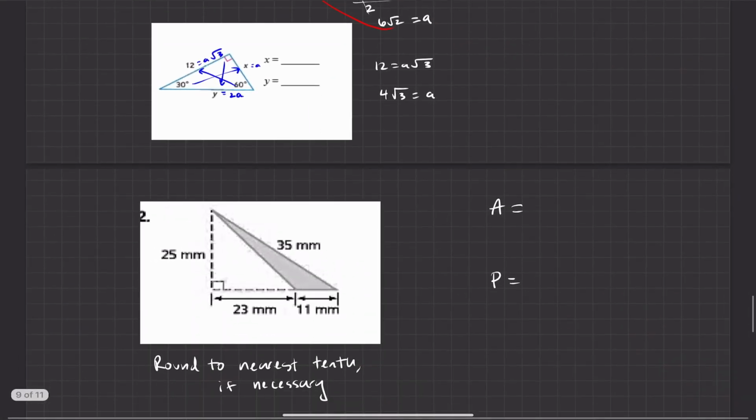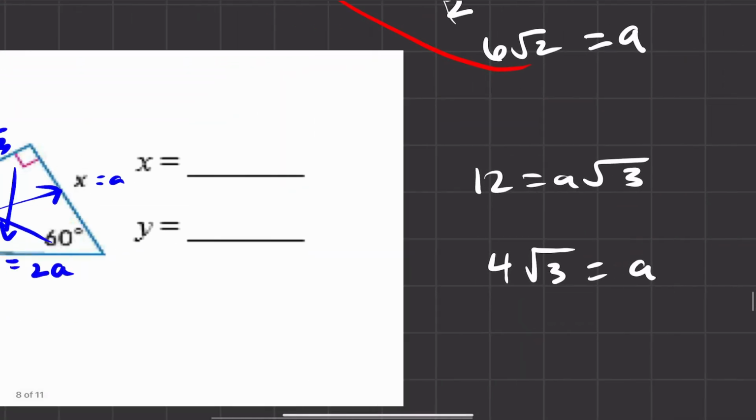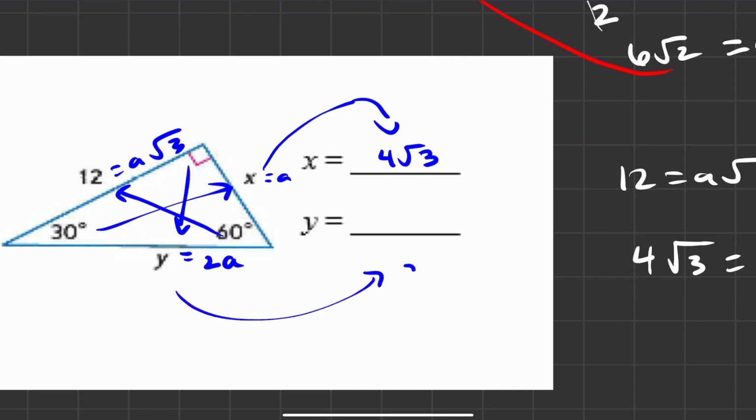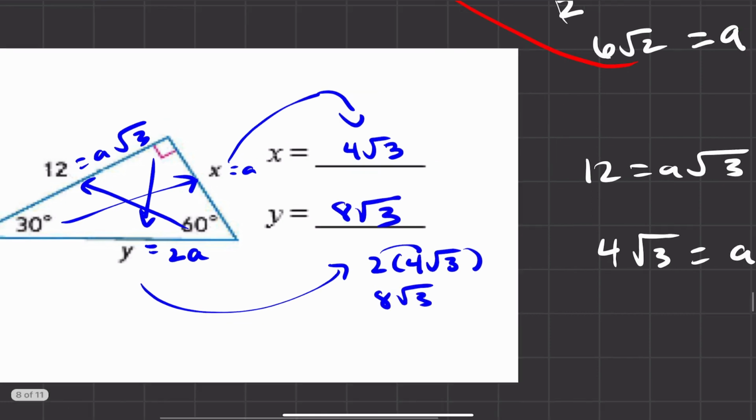So A equals 4 root 3. If A is equal to 4 root 3, then X is equal to 4 root 3, and Y is equal to 2 times 4 root 3, so 8 root 3 is your answer.